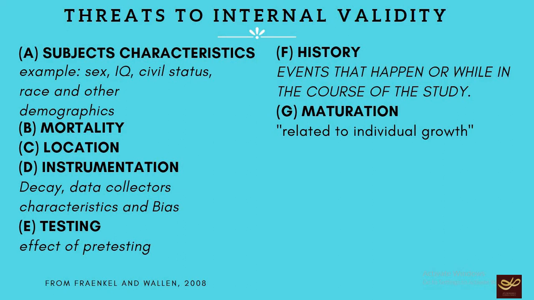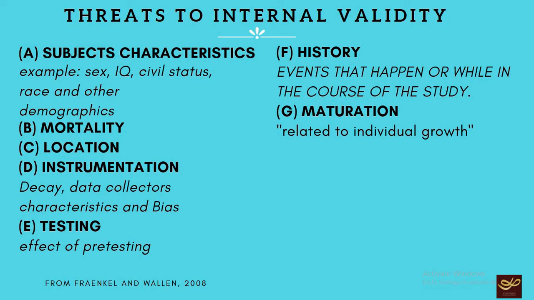Now, another one related to that is actually maturation, and this is basically underscored as related to individual growth. Meaning, nagkataon lang na nag-grow na yung estudyante, nag-grow na yung bata, natuto na siyang magbilang in the first place.